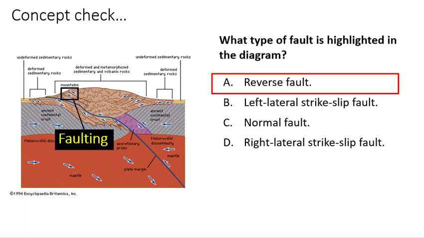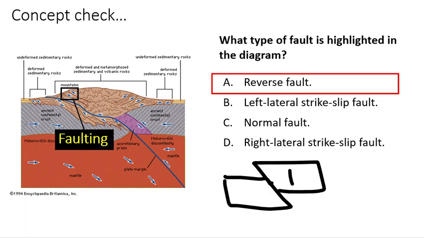You might remember from the chapter on geologic structures that a reverse fault occurs when the hanging wall moves up relative to the footwall.